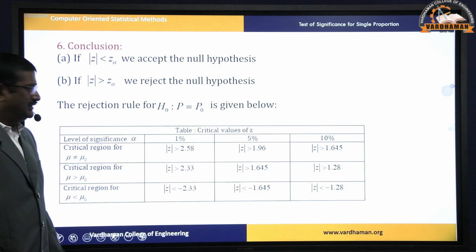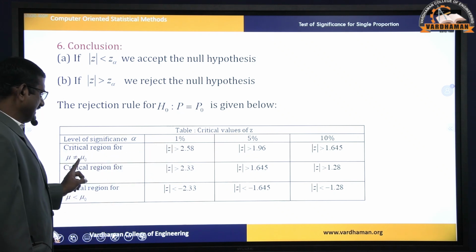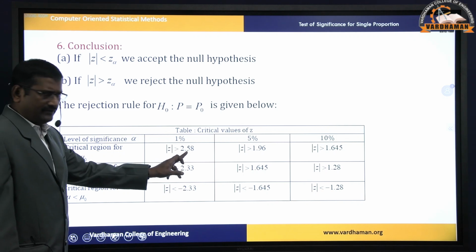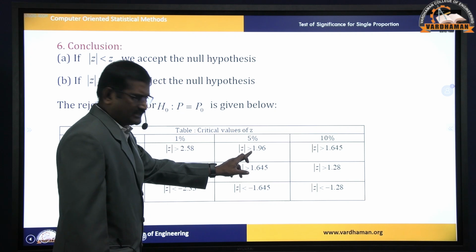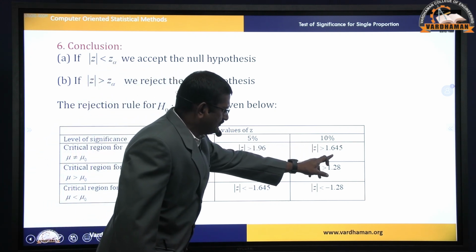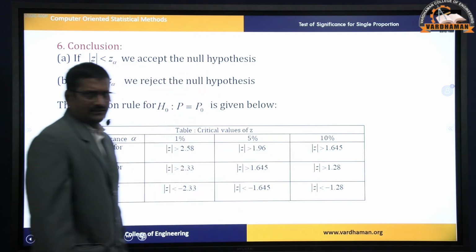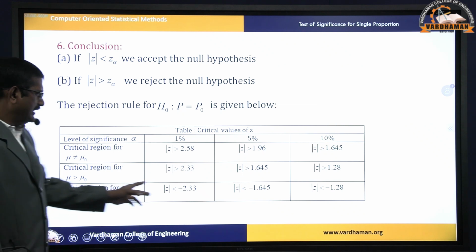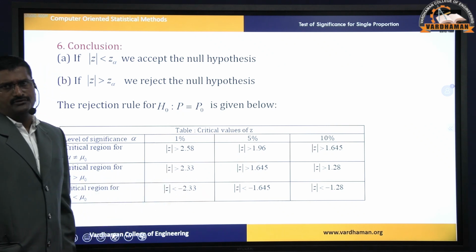At 1% level, critical region for a two-tailed test, Z greater than 2.58, we reject H0. For 5%, 1.96, we reject H0. If Z calculated is greater than 1.645, we reject H0 at 10% level of significance. In the same way, the remaining values are also given where we have to reject the null hypothesis.